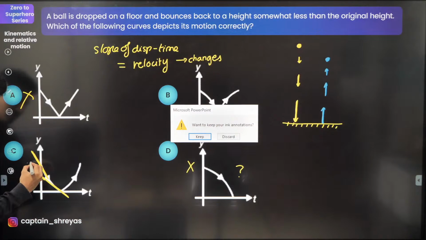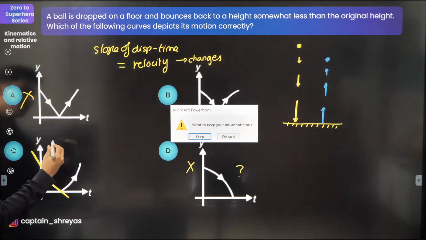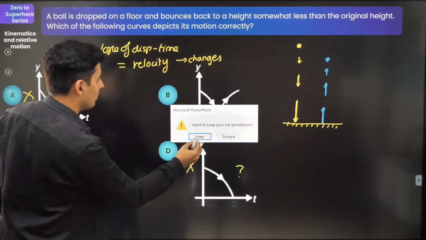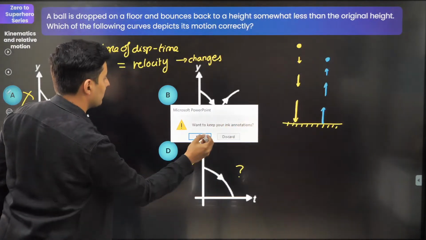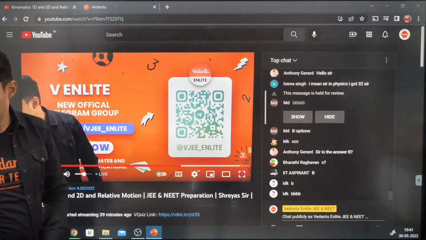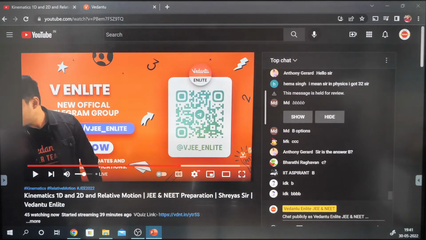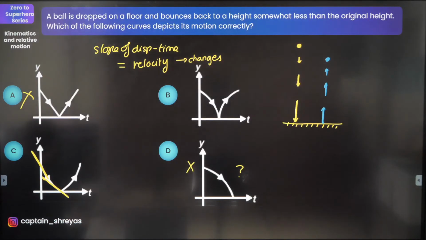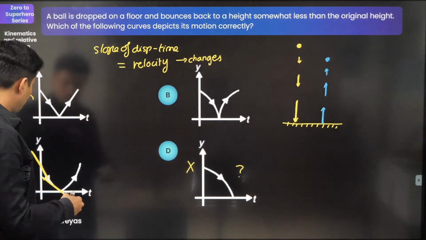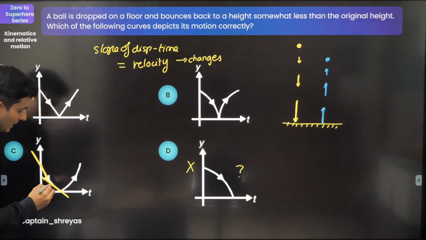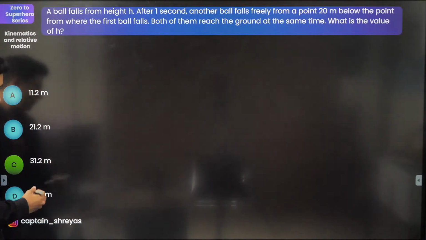Let's say it is minus... Oh, why is it going like this? Just 1 second, guys. We'll see. So now here the slope is going down a lot.